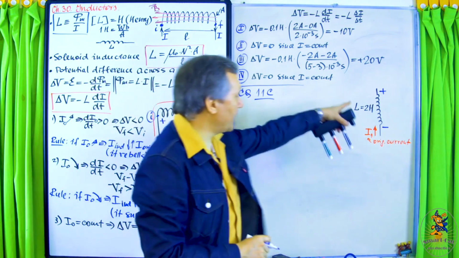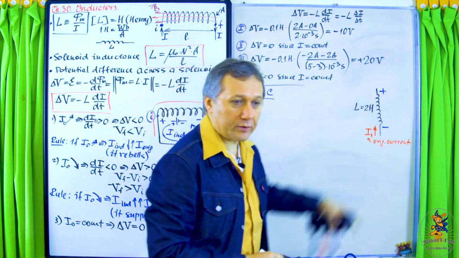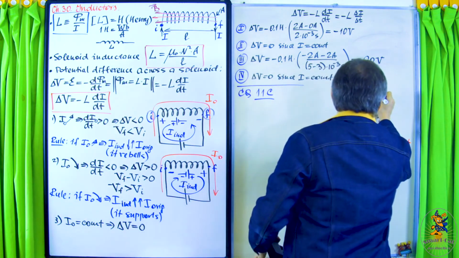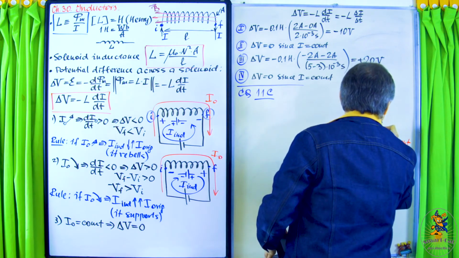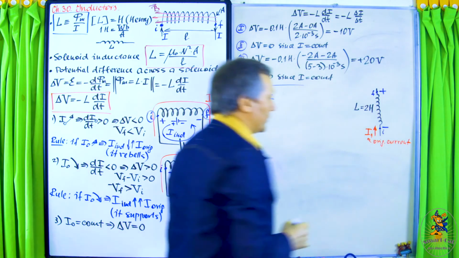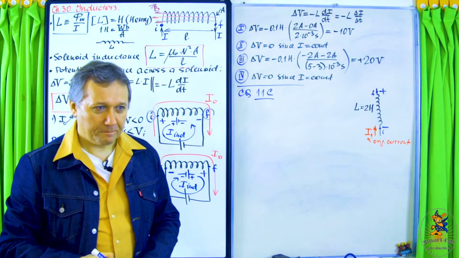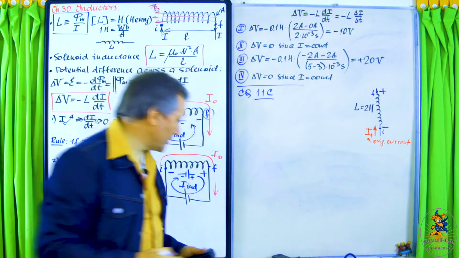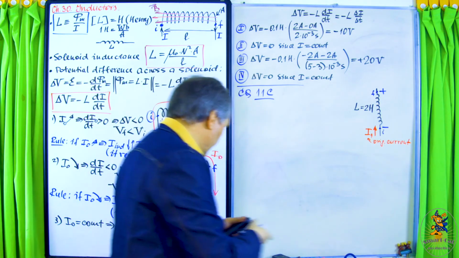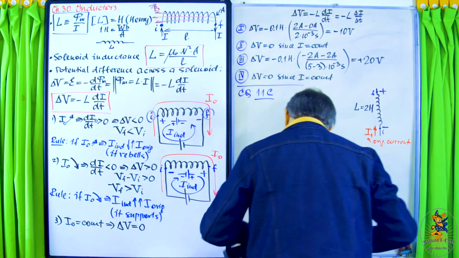So basically, this is the final point because you see the original current flows that way. So this is our final point, and this is our initial point, right? So we see the response of the solenoid, and the value of that response is also given. Delta V equals 2 volts.